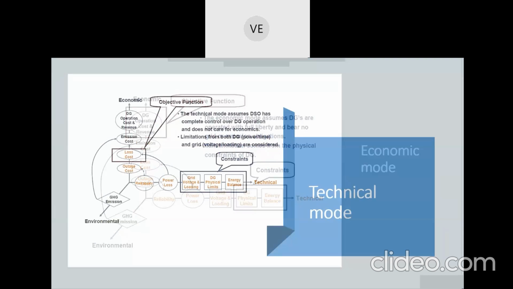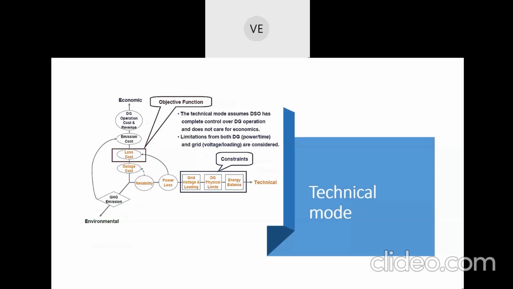Now, coming to the technical mode, what happens in the technical mode? As I already explained, technical mode can be voltage deviation minimization or loss minimization or something else. So here he has considered loss cost, that means network loss represented in terms of cost. He is trying to minimize this.